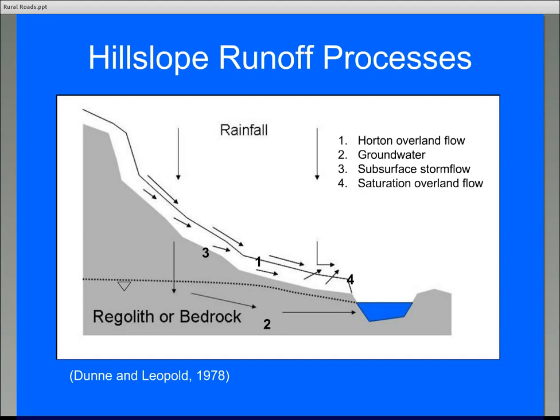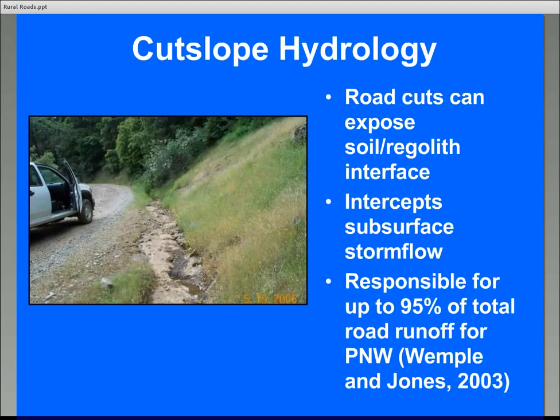That area is prone to lateral storm flow during rainfall events. And then the fourth type is saturation overland flow, and that happens when the elevation of the water table actually exceeds the elevation of the soil surface, and you basically have water popping up onto the soil.